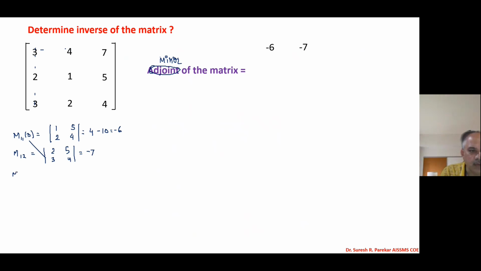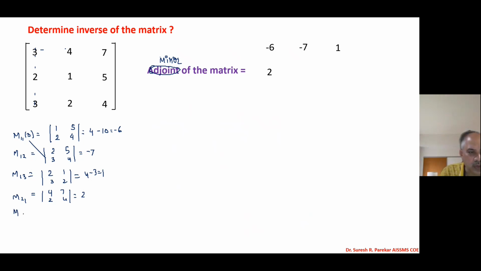Then we have M 1 3: 2, 1, 3, 2. So 4 minus 3, we have 1. Then we have M 2 1: 4, 7, 2, 4. So 16 minus 14, which is 2.